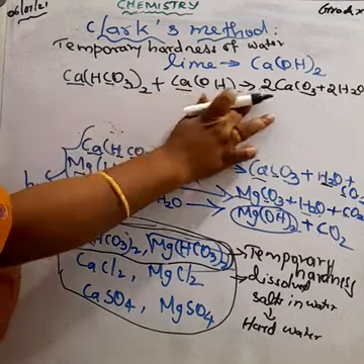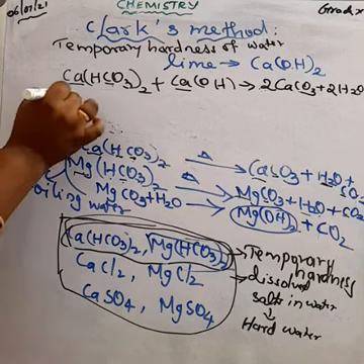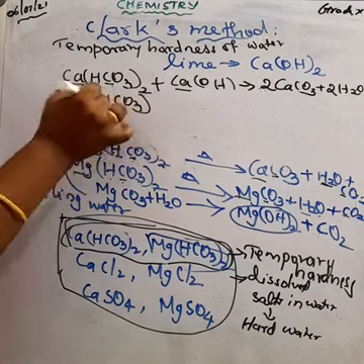Another salt is magnesium bicarbonate, Mg(HCO3)2. This is the reason for the temporary hardness of the water.